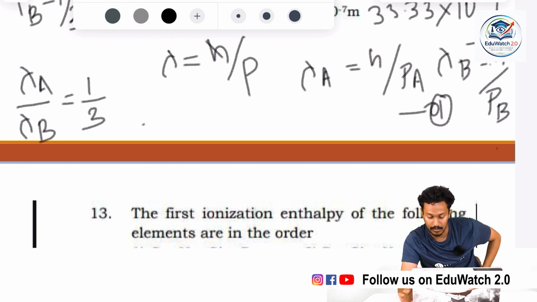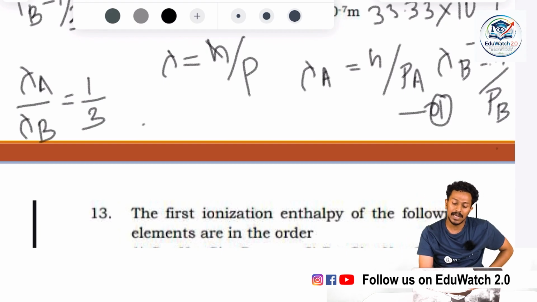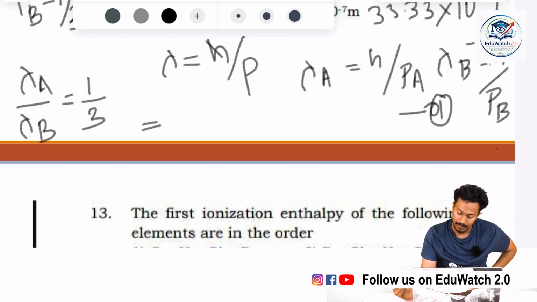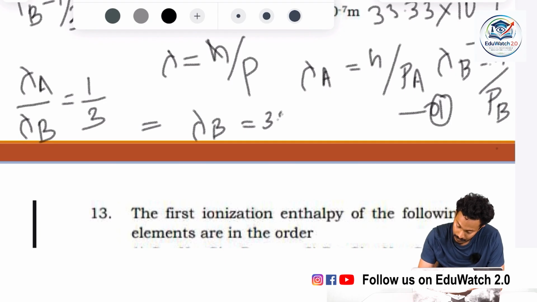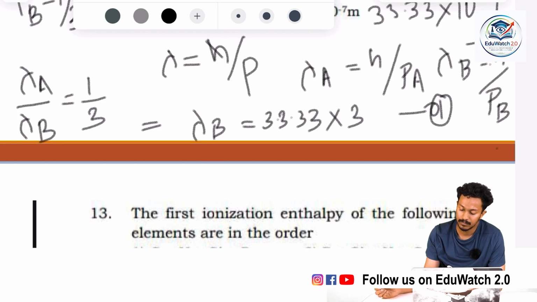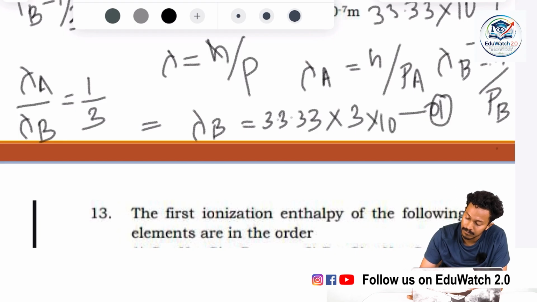So we could get the final result by lambda A is equal to lambda B into 3, and with this we could write lambda B is equal to 33.33 into 3, into 10 raised to minus 9.